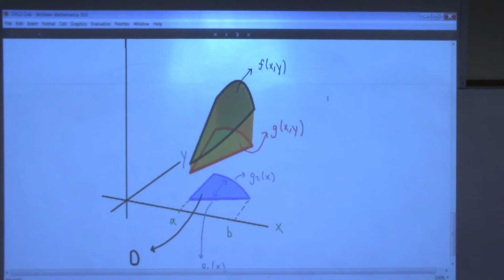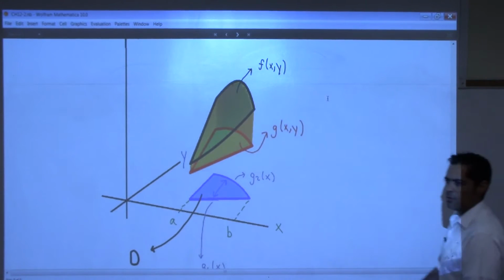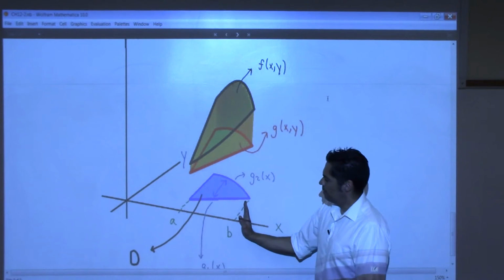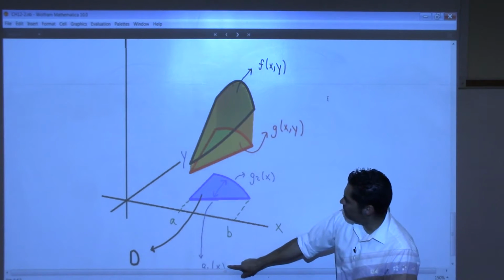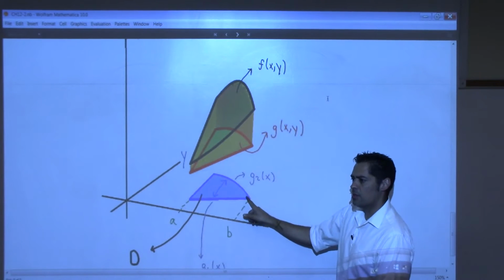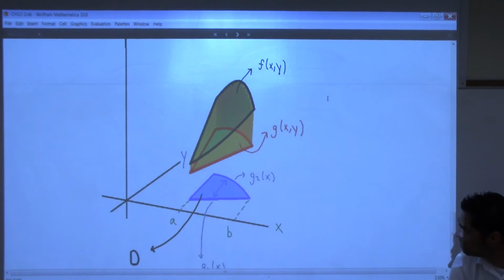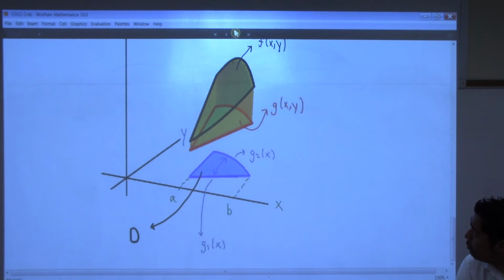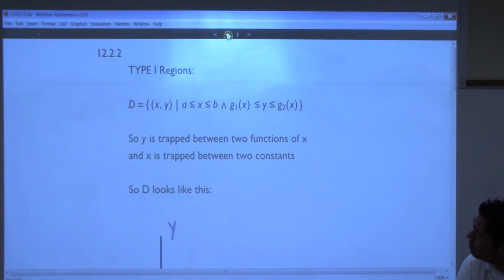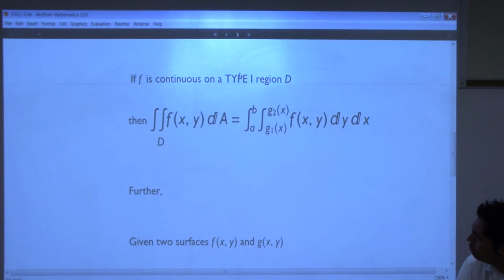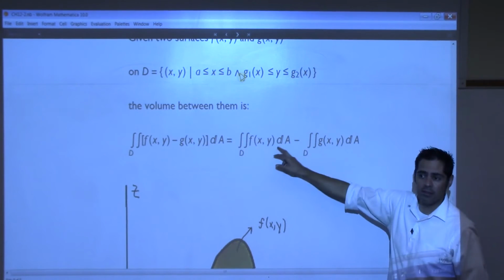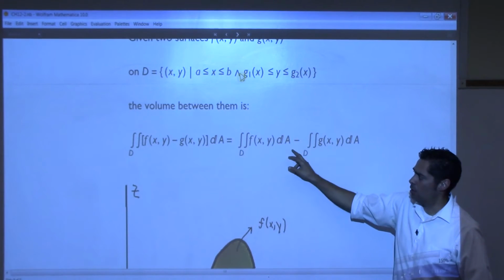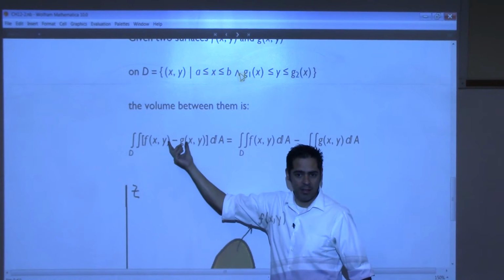You've got your restriction on x, and then your y is in this direction, so there's your lower function, g sub 1 of x, and g sub 2 of x. So it'll be the same formula that we did last class. It's just reiterating that you subtract the two double integrals, or put them together and subtract inside.